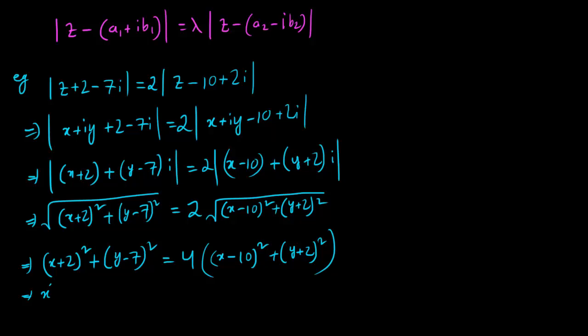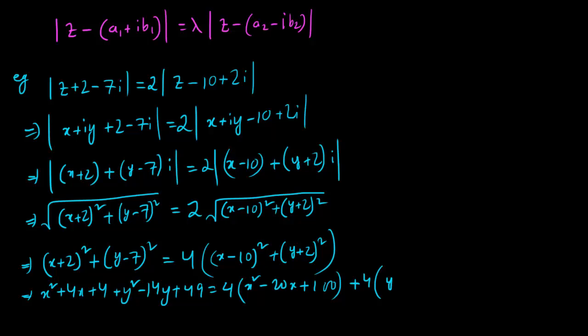This is going to be x squared plus 4x plus 4, y squared minus 14y plus 49, and this is going to be 4 multiplied by x squared minus 20x plus 100 plus y squared plus 4y plus 4.